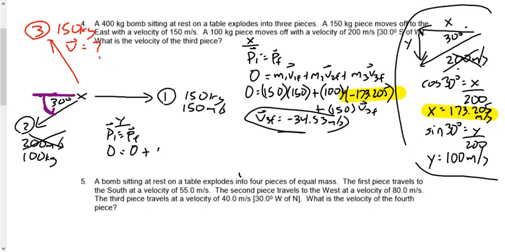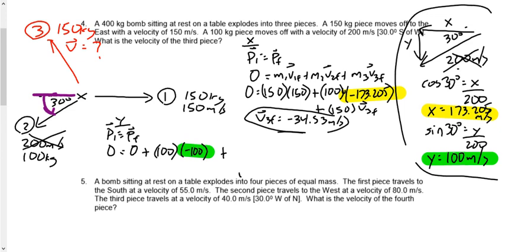M2 is 100 kilograms. What's V2F for the y component, Tim? Yeah, we're going to make it negative because it's downward. So that's where that comes from. Again, that whole 200 meters per second, that's gone now, right? That's completely gone forever.